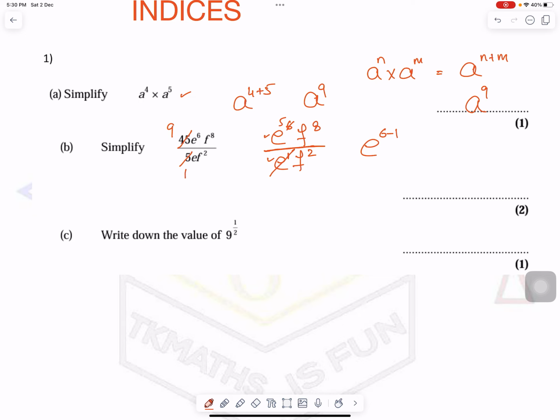Similarly for f power 8 and f power 2, if you want to cancel out directly, from 8, 2 will be subtracted and 6 will be left. Or you can do f power 8 minus 2. So at the end you will be left with e power 5 and f power 6.